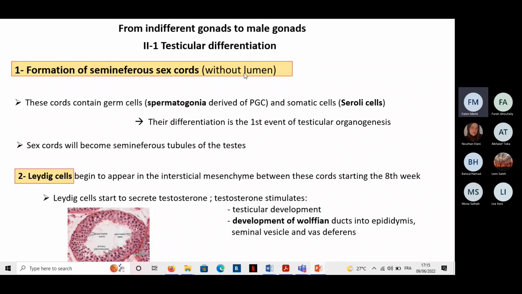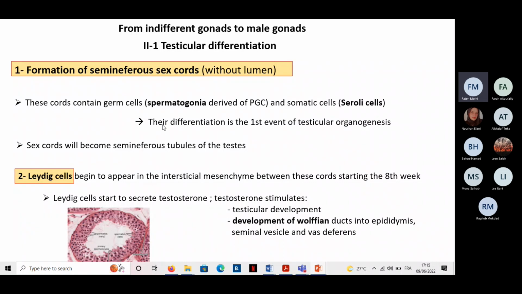At this stage of development, they are without a lumen, but later on they will have a lumen inside of them. So the differentiation of those cells inside of the seminiferous sex cords is the first step during the testis differentiation, the testicular organogenesis: the differentiation of the PGCs into spermatogonial stem cells and the appearance of the Sertoli cells, which are somatic cells.